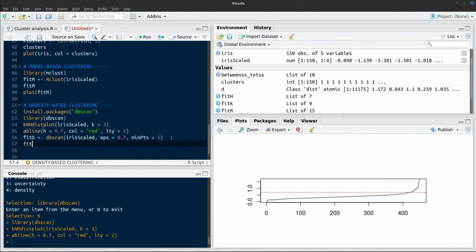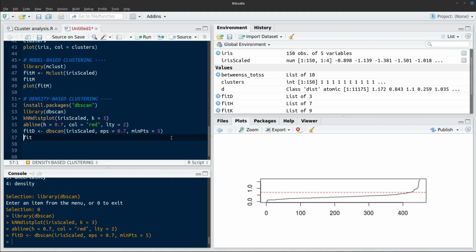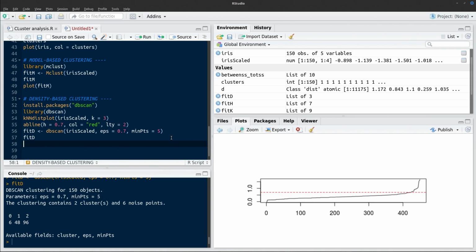Let's run this. And if we have a look at our density-based clustering model, it tells us that it's performed DBSCAN, 150 observations in total. These are the parameters that we supplied for it, and it's identified 2 different clusters of observations and 6 noise points.